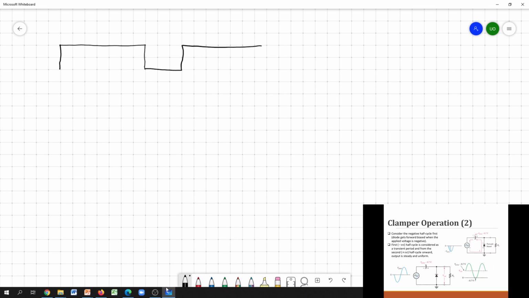It basically needs this much time to charge to its maximum. Then if it wants to discharge to its minimum, it needs this much time. So what happens if we apply this kind of switching to a capacitor? It charges to its maximum.